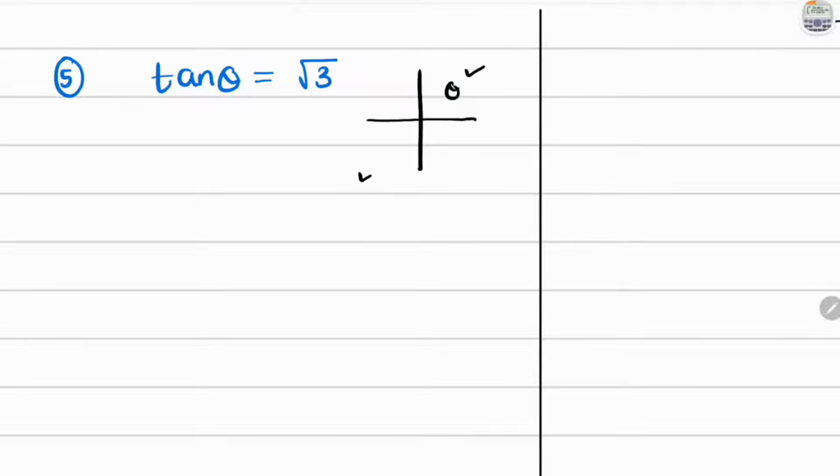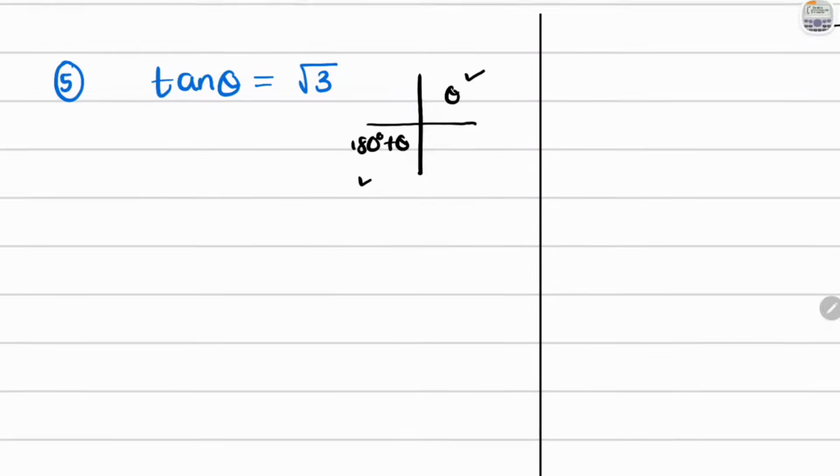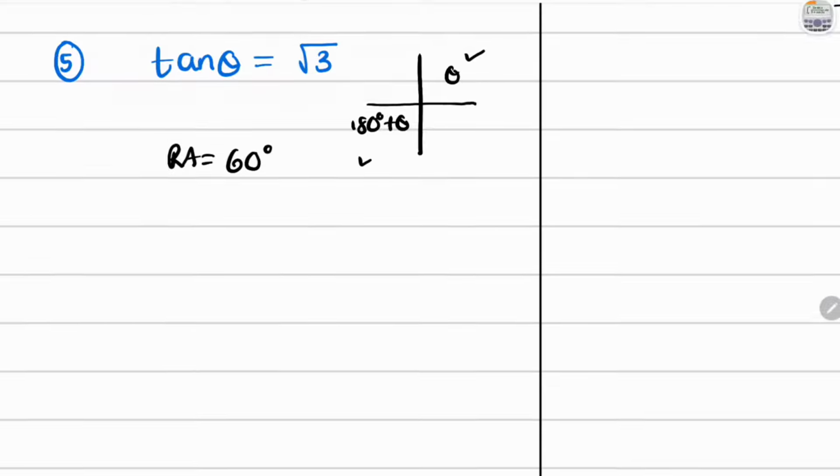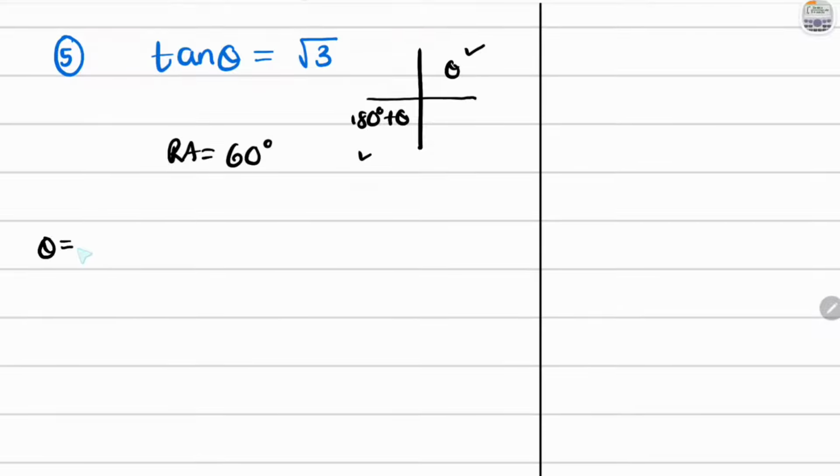So we have theta there, and here we have 180 plus theta. Okay, so with that being said, we're just going to use those. And now we have to find the reference angle of this. So if you take tan over and you find shift tan of square root of 3, your reference angle will be 60 degrees. So that means you would say theta is equal to 60 degrees.